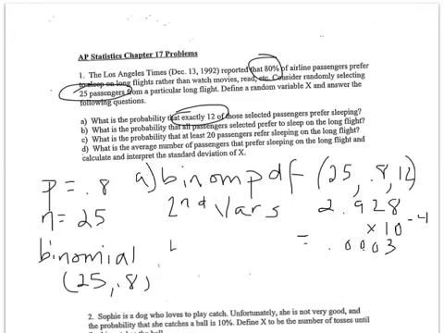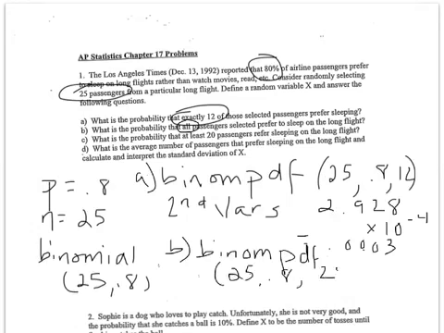For B, sorry about the messy writing, I'm writing with my finger here. The probability that all passengers, okay, so this is all 25 of them, prefer to sleep. Again, it's exact. So it's binomial PDF, and we are going to enter in 25, 0.8, and 25.